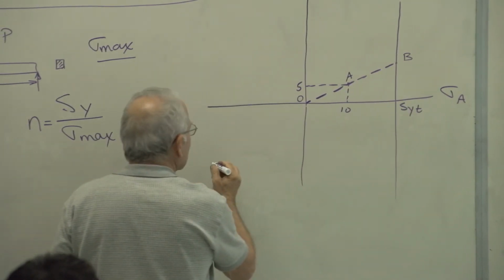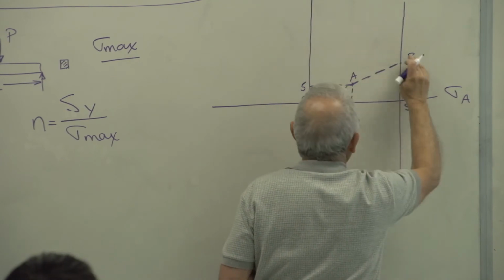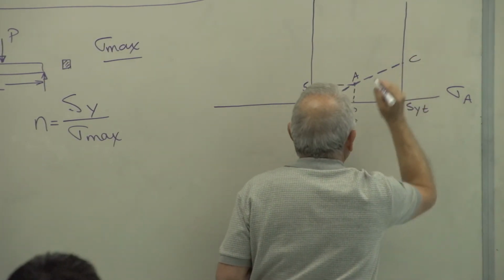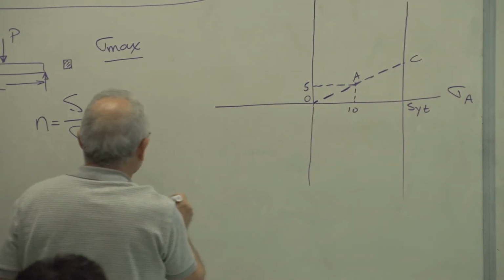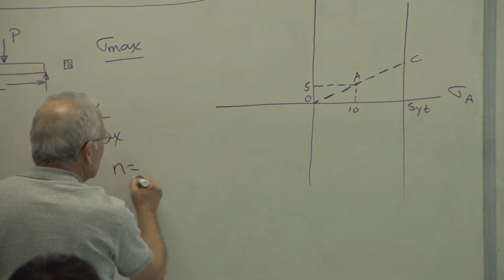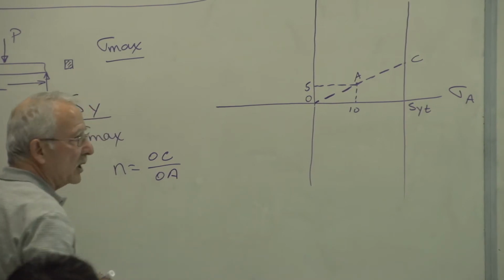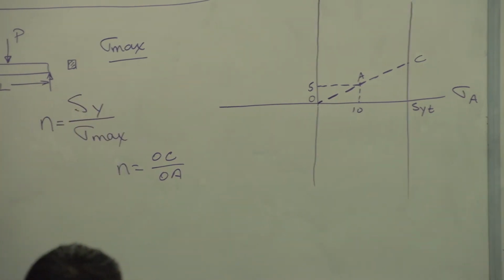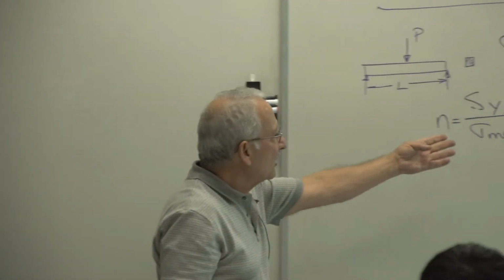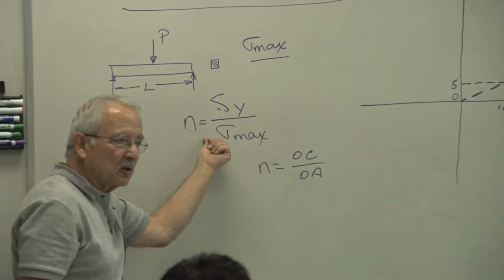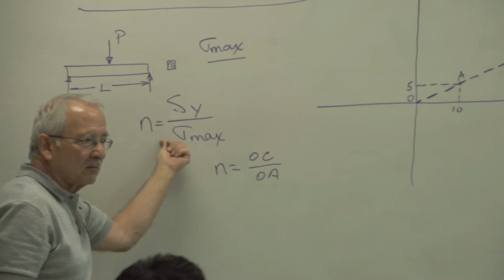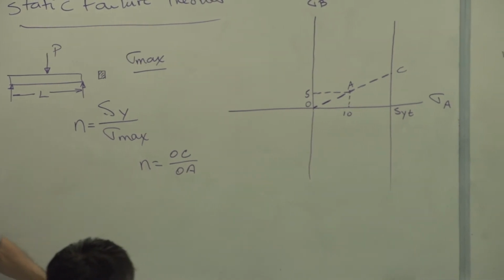Well, that factor, actually let me call it C because I'm calling that sigma B, so we won't get a confusion here. So N therefore is equal to OC over OA. And that's a graphical representation of this equation. Any questions?